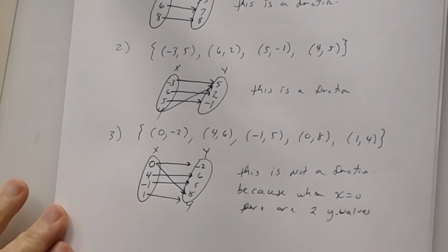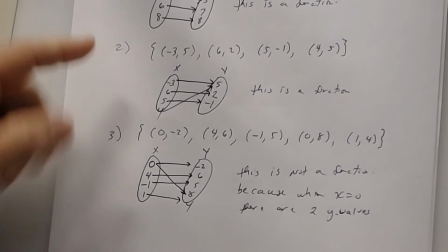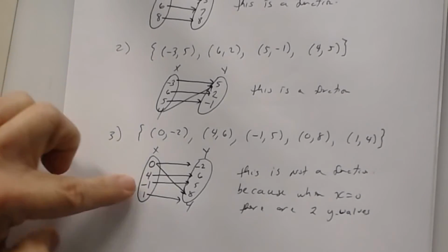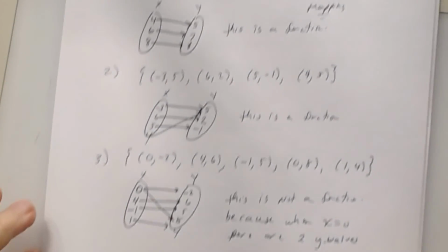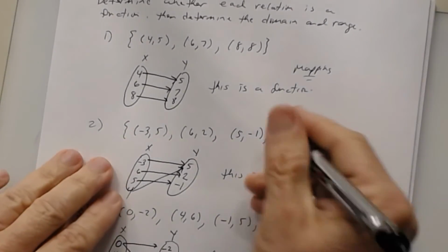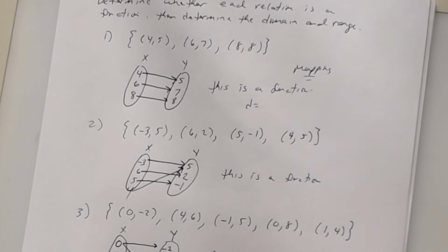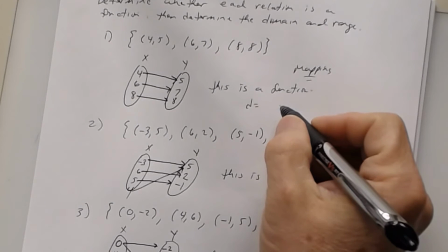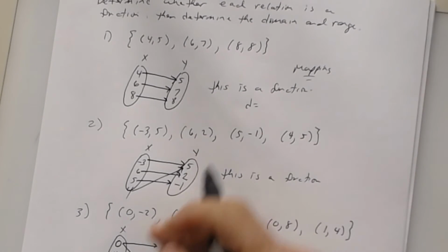All right. So given a set of ordered pairs, it's not difficult to determine if it's a function or not. If you need to, use the mapping that we did here. Now, I've got to go back and actually list the domain and range. So you're going to say domain equals, now it's a finite set, right? You all agree it's a finite set?